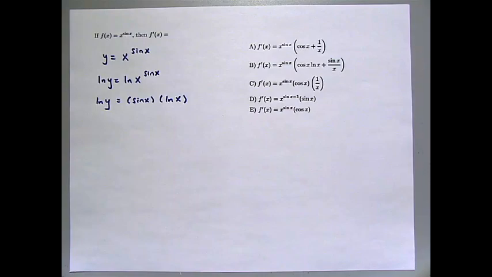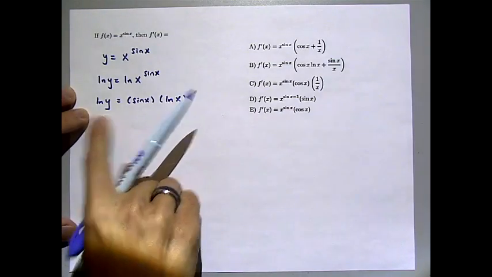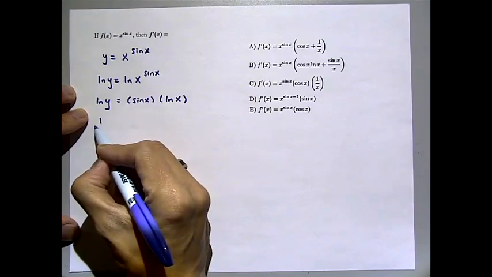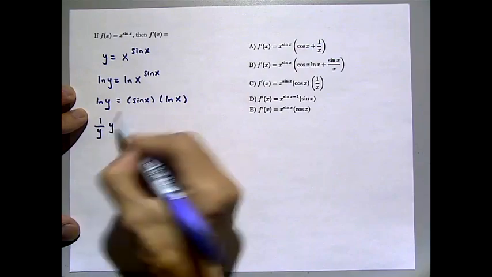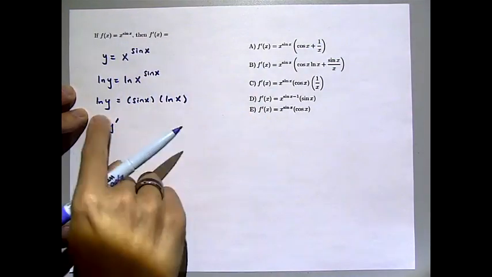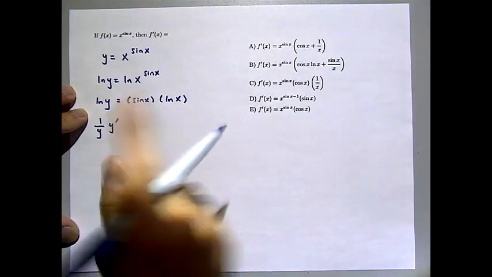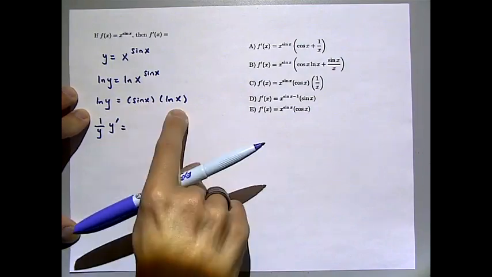Now we take the derivative on both sides. Derivative of natural log of something is 1 over the same thing. Chain rule applies because y is something more than just an x. So 1 over y, y prime. Right-hand side is a product rule situation.